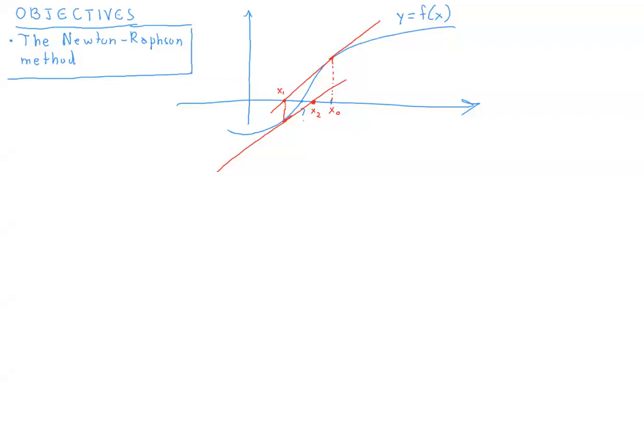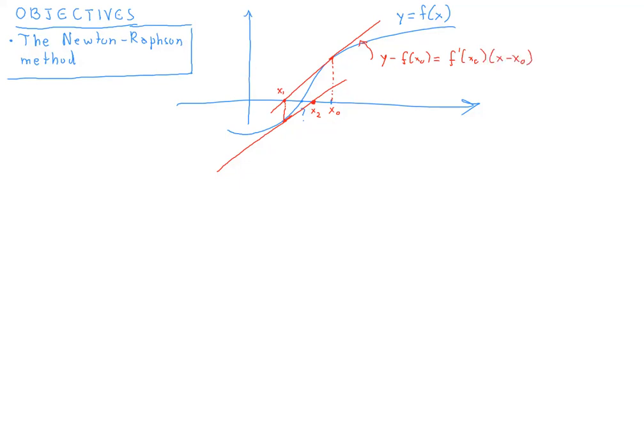Before we get to our example, let's find our formula. So let's start with the first step. What is the equation of that tangent that we got up here? The tangent at the point x naught will be y minus f of x naught is equal to f prime at x naught times x minus x naught.